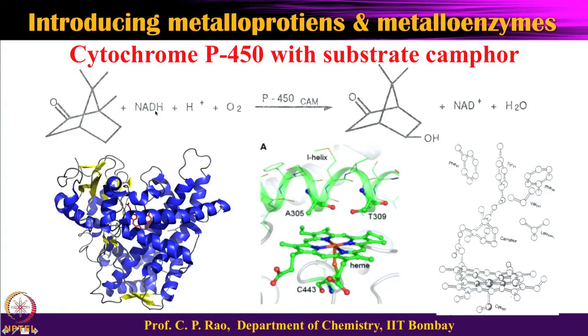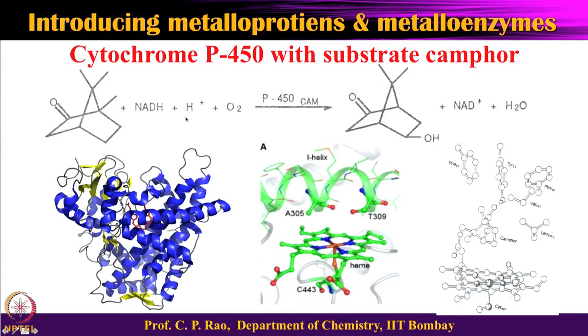Now, several cytochrome P-450s have been studied for structure and reactivity, but I will be taking only one example, that is cytochrome P-450 which oxidizes camphor. So, this is the camphor, and this requires, as I mentioned, NADH.